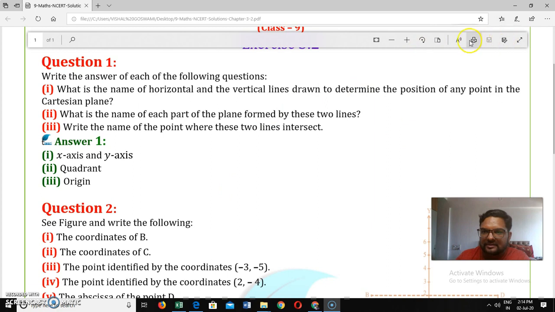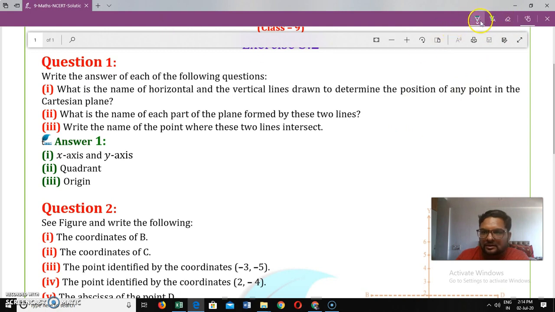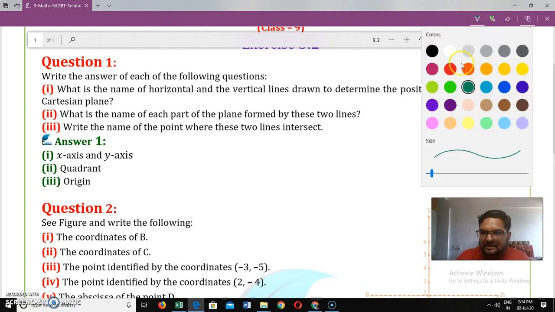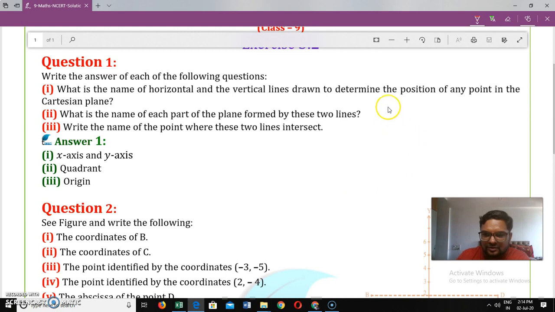So in the graph paper, let me take the pen, so you will get much more idea about this. Let me take the color pen, that is red color. So this will be the y-axis in the graph paper, and this will be the horizontal x-axis, and this point is called the origin.